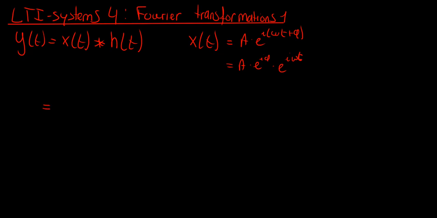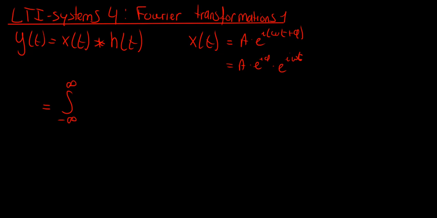Well, the x convolved with h, let's actually write that out. So we get the integral from minus infinity to infinity of x of t. Well, let's do it the other way around, actually.